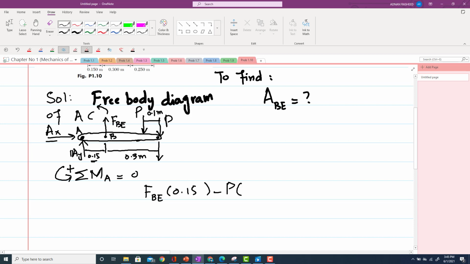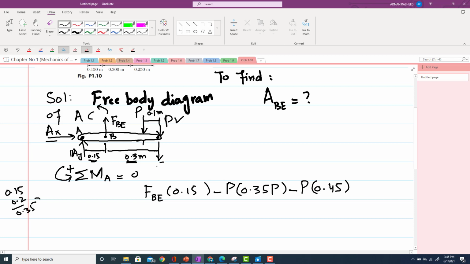That distance is 0.2 from this to this, because this is 0.3 and you have to subtract this 0.1, so this is 0.2, and this is 0.15, so total distance will be 0.15 and 0.2, that is 0.35, so this will be minus 0.35 P. Now this is another P that is also producing clockwise, so minus P into total distance 0.15 plus 0.3, so that will be minus 0.45.